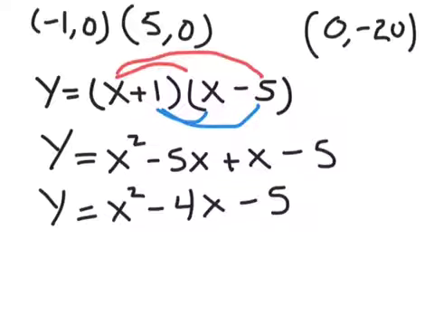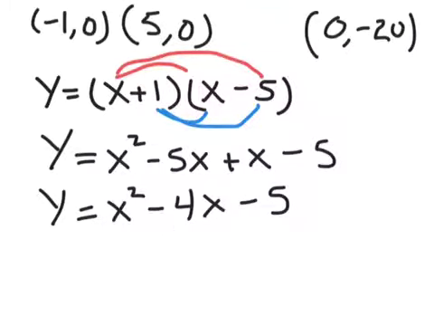We got a problem here. This tells me where the y-intercept is, but it says it's at -5, and we know that the y-intercept is at -20 for a fact. How can we change this? Oh, you know what? I could multiply this whole thing by 4. 4 times all these things would give me a -20 on the end.